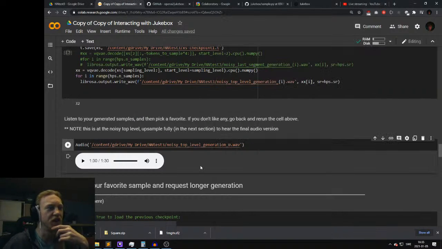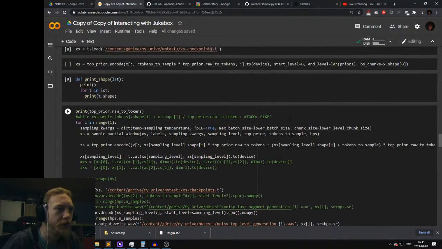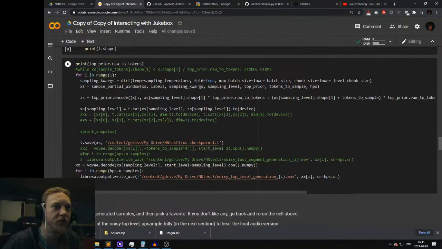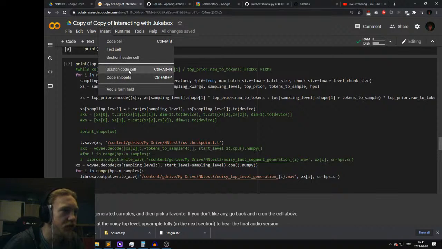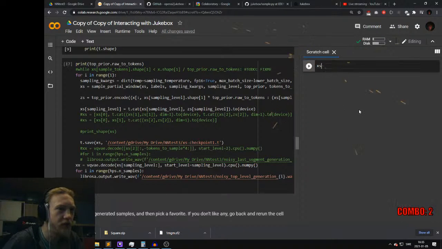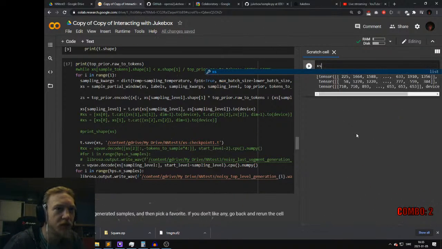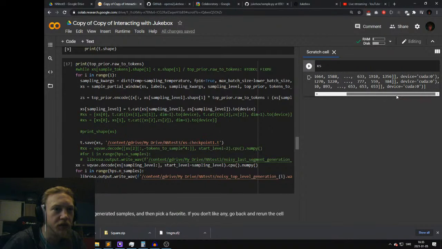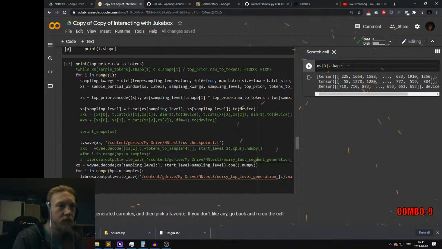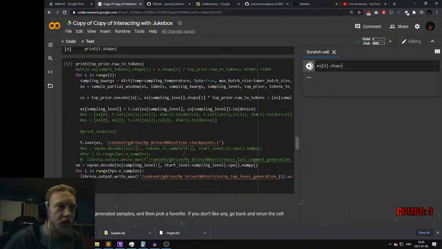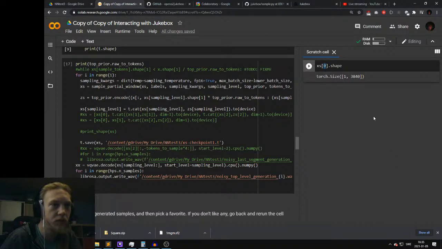Yeah, there's some kind of whistling in there. That's weird and incorrect, frankly. So I'm gonna insert a scratch code cell. I'm gonna look at my axis. It's a tensor. What's the shape of 0?